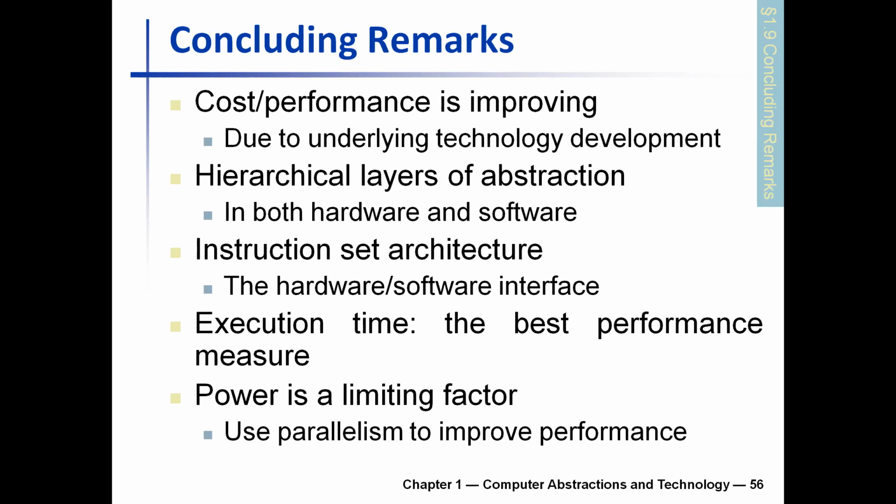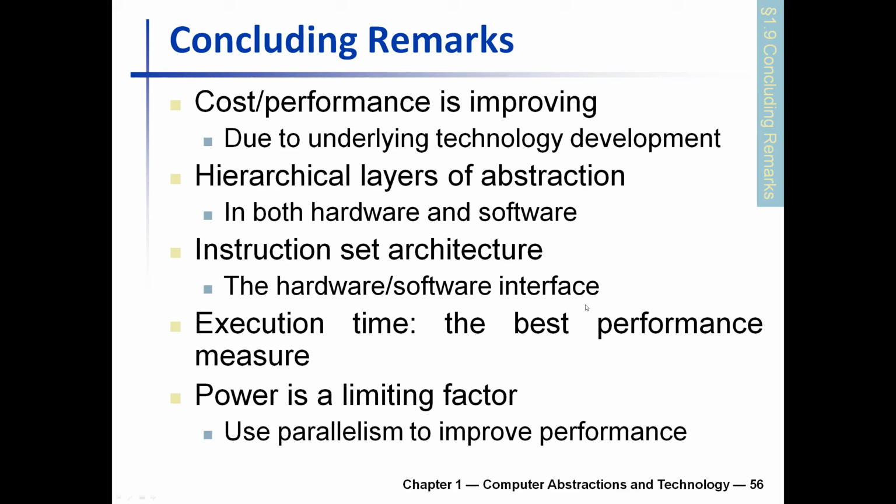Okay, so concluding remarks for chapter 1. As we saw from the first lecture, we talked about how technology evolved and what were the underlying concepts that helped us improve technology and in turn improve performance.